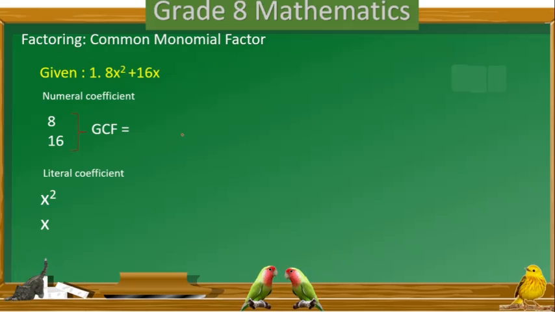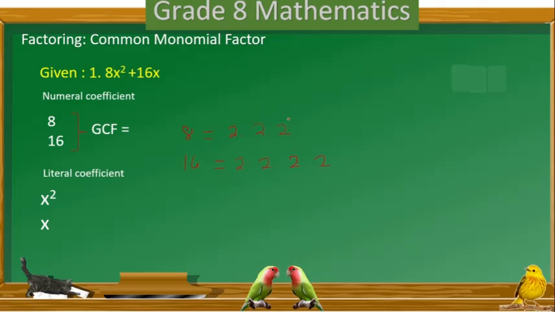The factor of 8 is 2 times 2 times 2. 2 times 2 is 4, times 2 is 8. For 16, 2 times 2 times 2 times 2 is 16.